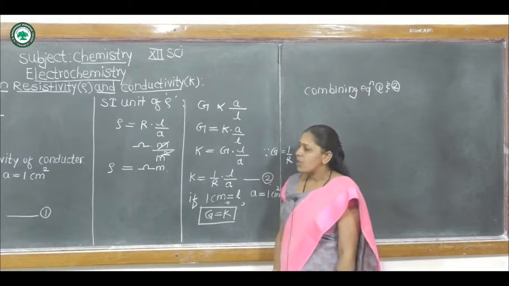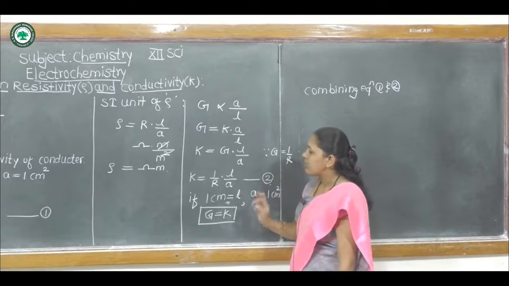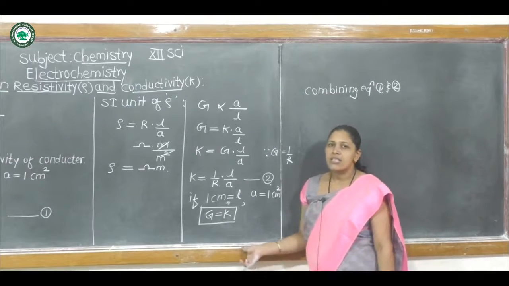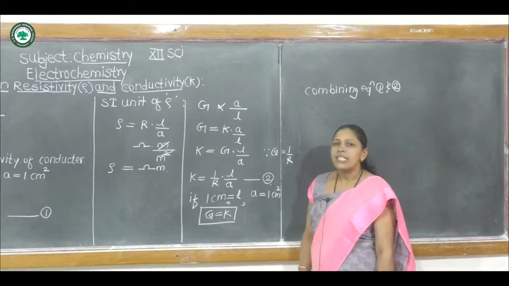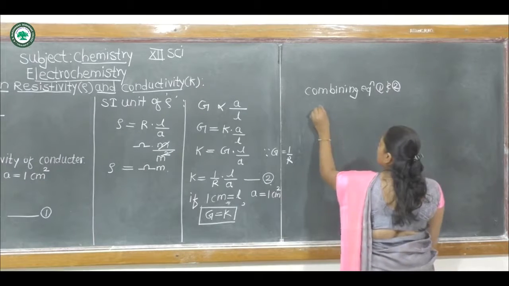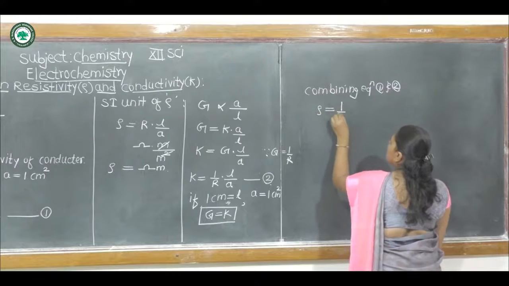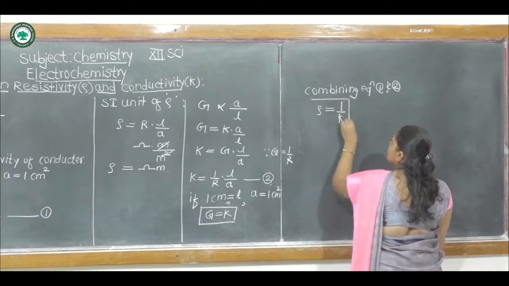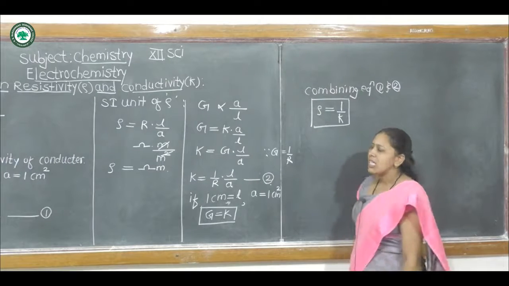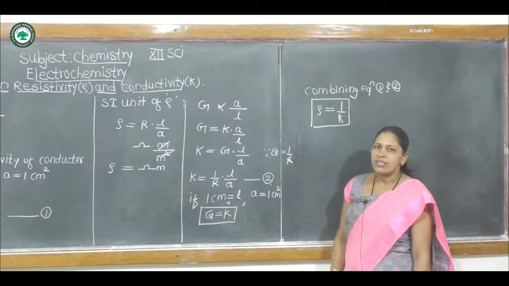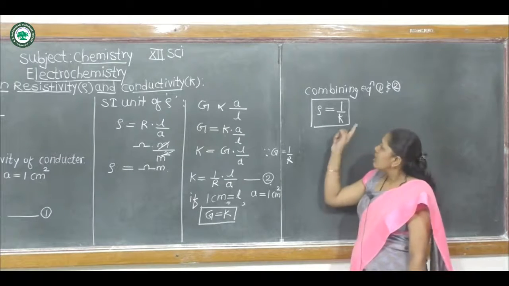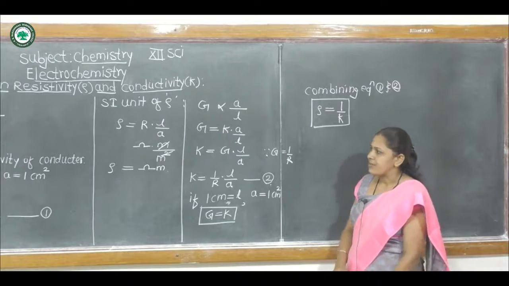Here rho is equal to RA upon L and here K is equal to L upon RA. That means the relation between resistivity and conductivity is reciprocal. Therefore rho is equal to 1 upon K. This is the relation between resistivity and conductivity. Resistivity is the reciprocal of conductivity.